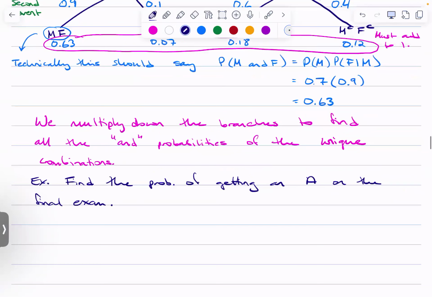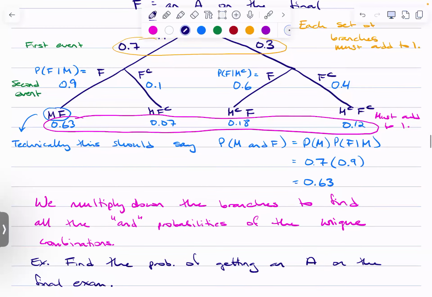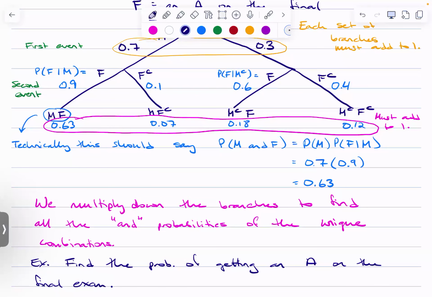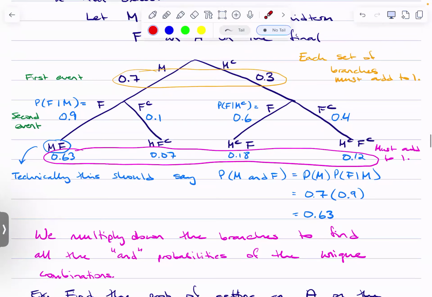Now, I just want the probability of F, right? But there are two ways to get there. So I want to go through all my scenarios where I got an A on the final, right? And so I see that, okay, I could have gotten an A on the midterm and an A on the final. That's one of the ways.